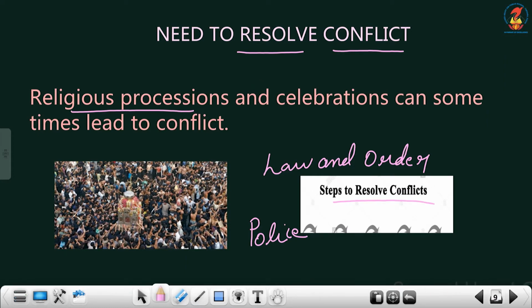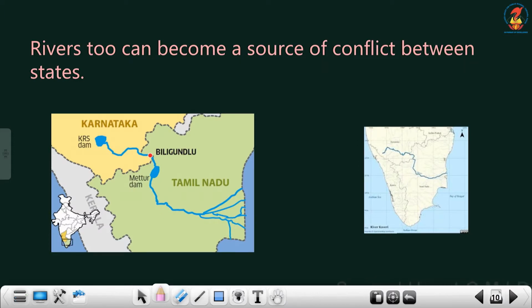Now the next one is rivers. Rivers also sometimes become a source of conflict. An example is the Kaveri river, flowing from Karnataka to Tamil Nadu.